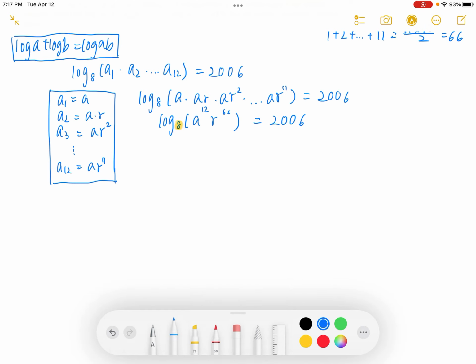so we can try to simplify this because we also know the identity log base a of b is equal to log b divided by log a, so this formula will be useful as well.